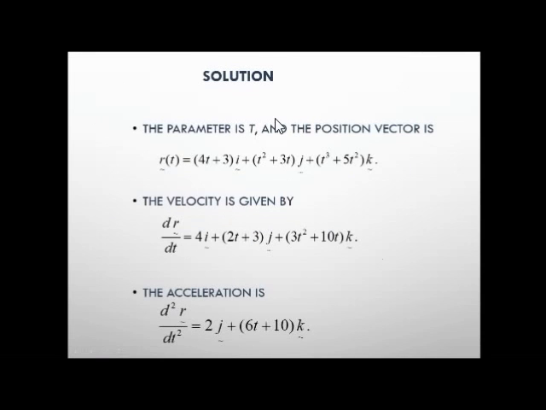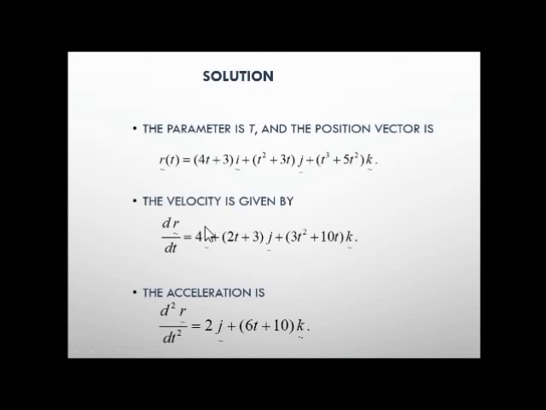So it is solved in this form. Suppose the parameter is t and the position vector is r(t), that is (4t plus 3) i cap plus (t square plus 3t) j cap plus (t cube plus 5t square) k cap. Now the velocity will be given as the rate of change of position, dr by dt. I think you are quite acquainted with the physics.